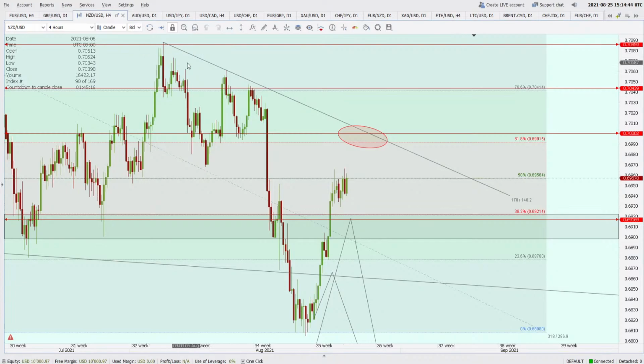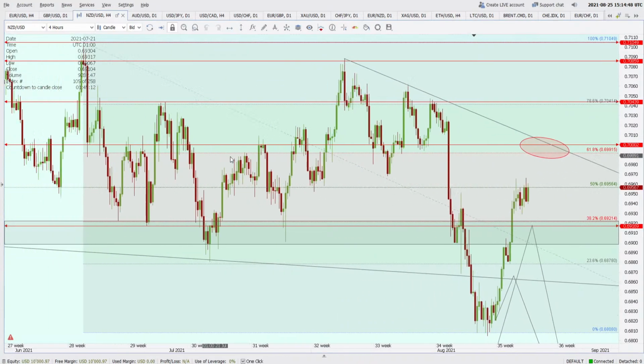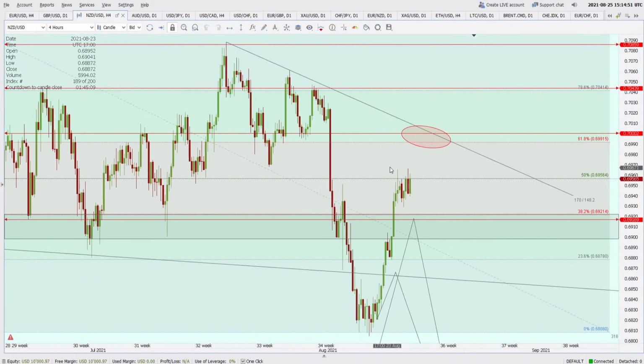See this falling trend line and this horizontal line at the resistance and support region will give us a confluence of resistance. This will be a very good area for the sellers to jump in and sell New Zealand dollar against the US dollar. And if it happens here, because see, after a break below this one, the price has not tested this level again.